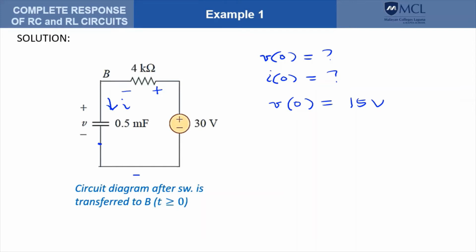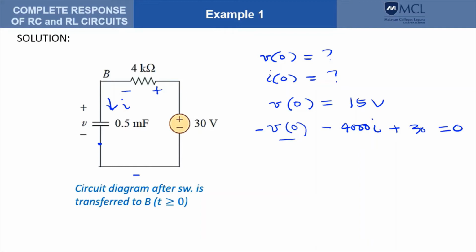So writing the KVL starting here, that would give us negative V at t equals 0 minus 4000 I plus 30 volts equals 0.